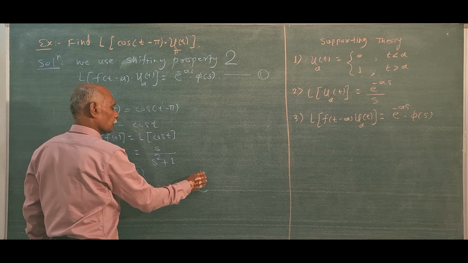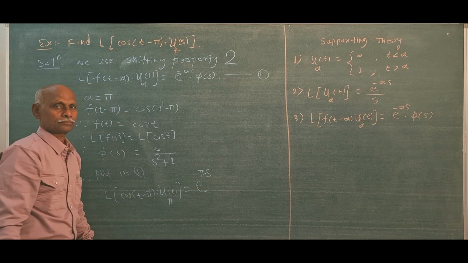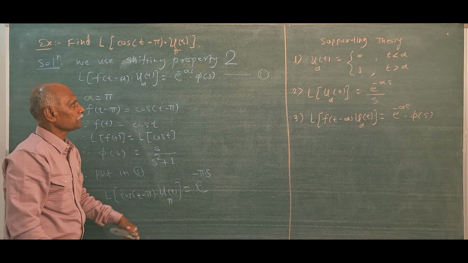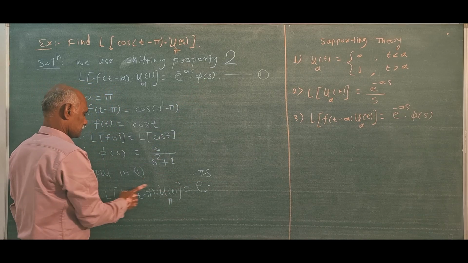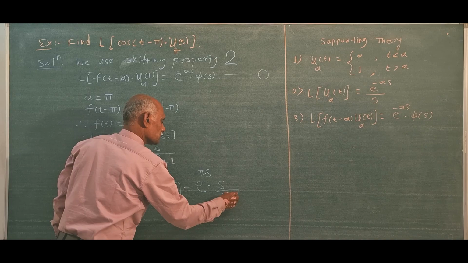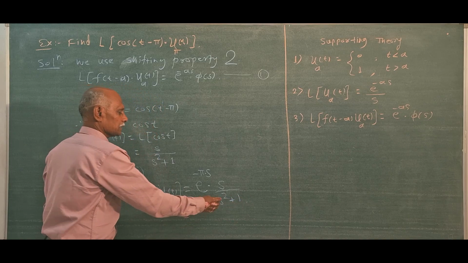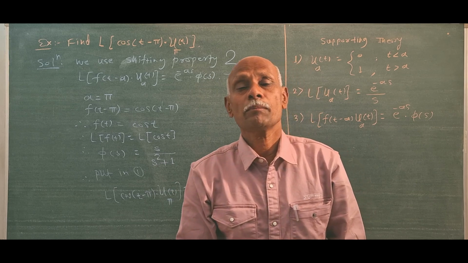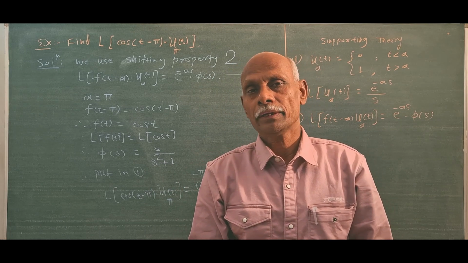Everything is useful, nothing is wastage. So e raised to minus pi s into s divided by s squared plus 1. So this is the answer. Like this we can find the Laplace transform by using the second shifting property.